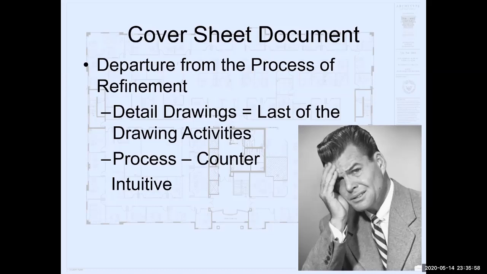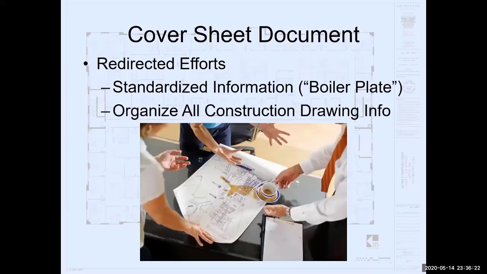So it's a little bit counterintuitive, but it's not really like a book in that you create chapters and then build the chapters. Actually, you're building the information and then kind of in reverse order filling in the information as it becomes available on that cover sheet. So let's talk about that.